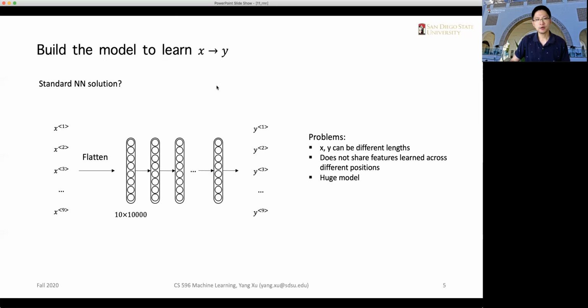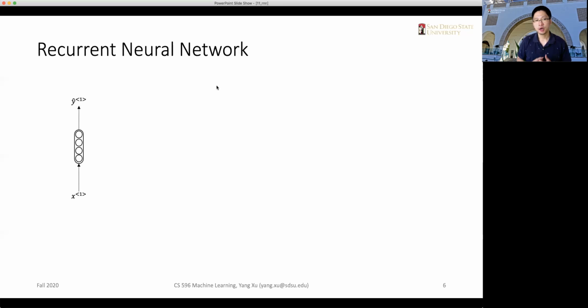Okay, so now we need to use the so-called recurrent neural network structure. A recurrent structure is basically the repetition of the same computation, but applied to different time steps.